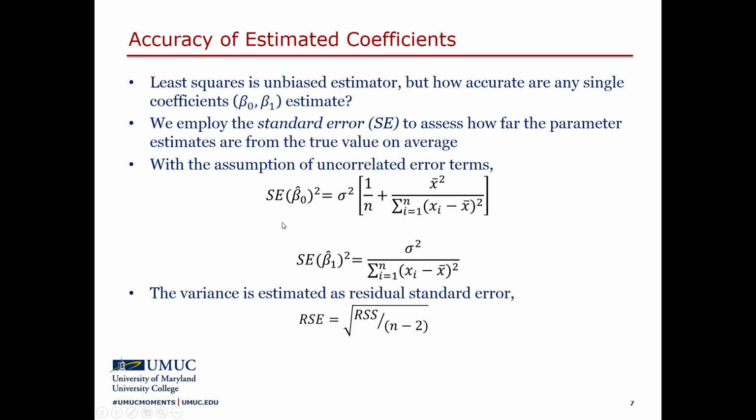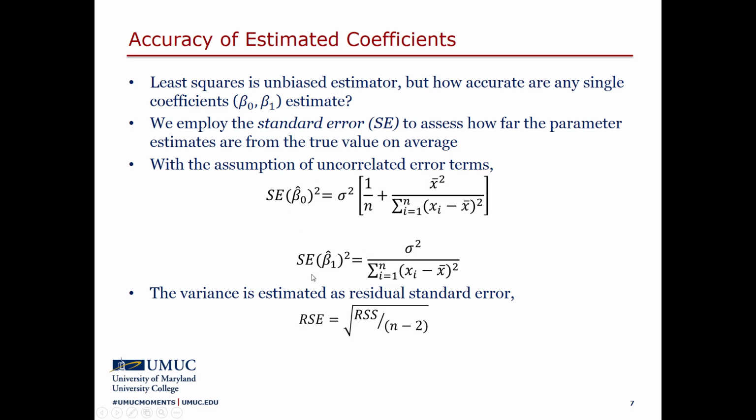The standard error of the intercept is given by this function: the variance, which we don't know, this is a population variance, times 1 over n plus the square of the sample mean of x over the sum of the squared differences between the individual xi's and the sample mean of x. That is the standard error of the intercept.